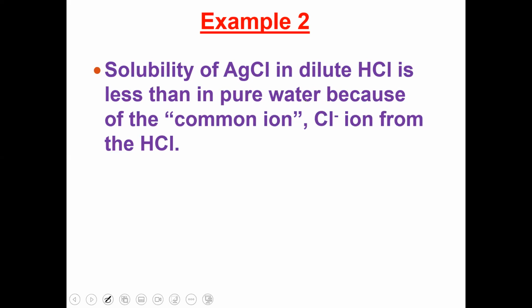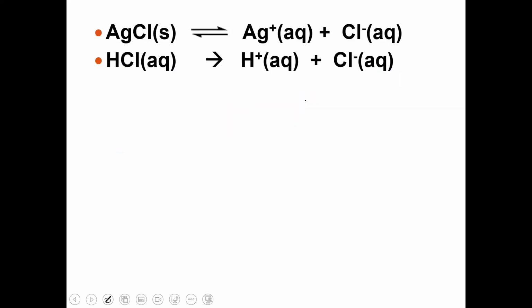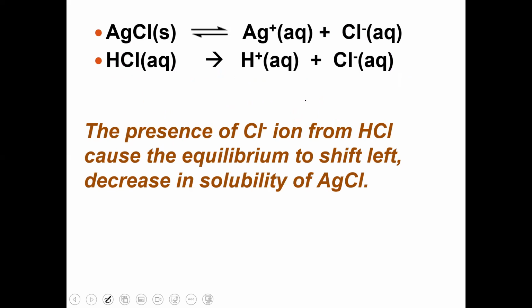The solubility of silver chloride in dilute HCl is less than in pure water because of the common ion, chloride ion from HCl. So if you put silver chloride in HCl, it will dissolve even less as compared to water. Silver chloride and HCl are giving a common ion. Again, the common ion will shift the equilibrium to the left, resulting in the precipitation of silver chloride.